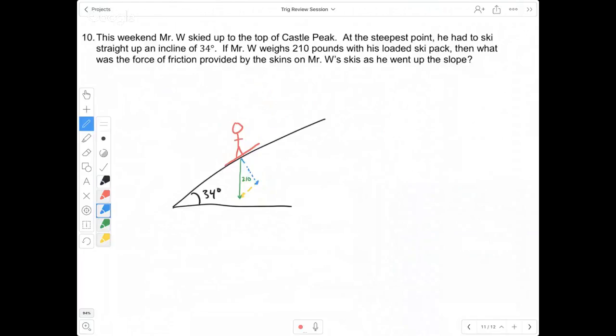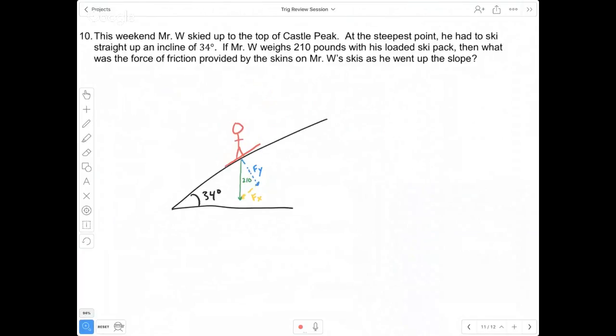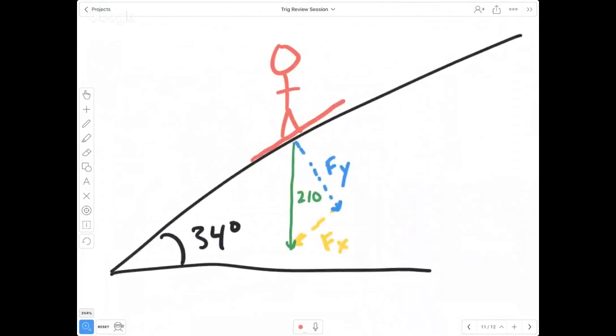So we want a portion X and a portion Y, and we know that if this was 34 degrees, then because this is a right triangle, there'd be 56 degrees right there and 34 degrees right there.